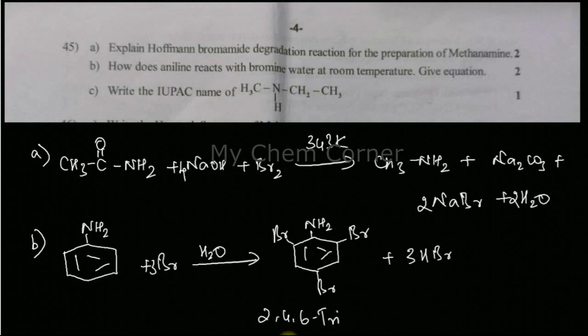So you should write here tribromoaniline. So same thing you have to write in sentences, that aniline reacts with bromine in water to form 2,4,6-tribromoaniline. Alright, now the C part of it, that is an IUPAC naming for it.